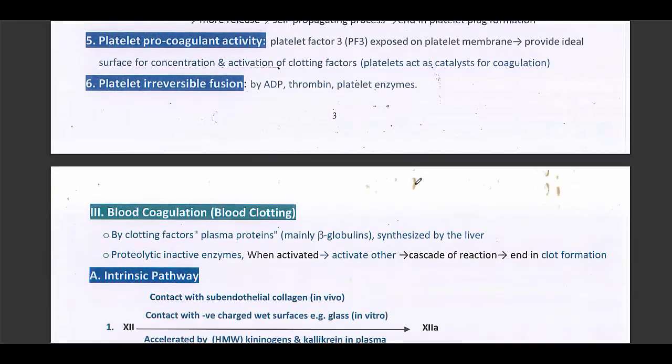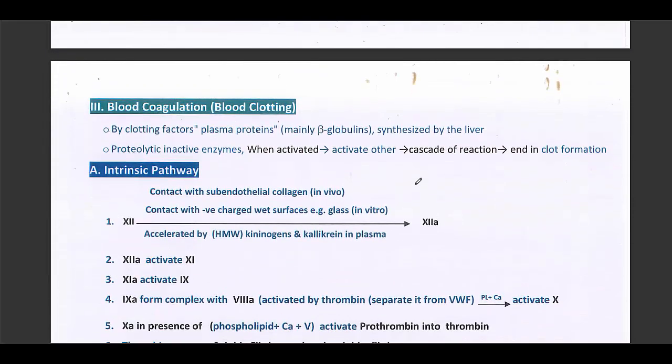Okay. Now let's move to another subject, blood coagulation, blood clotting. Let's discuss it specifically. It is by clotting factors, plasma proteins, mainly beta globulins synthesized by the liver. If you remember, we have studied alpha, beta and gamma globulins. Gamma is for immunity, and alpha and beta act as carriers.